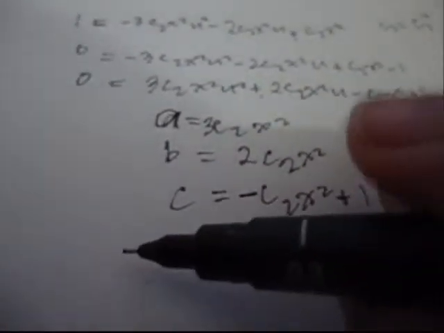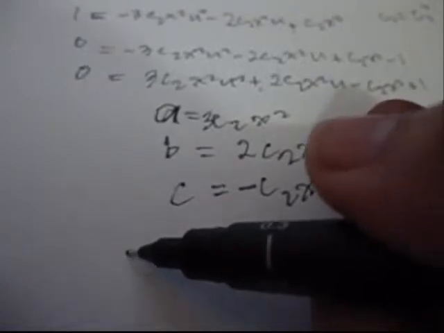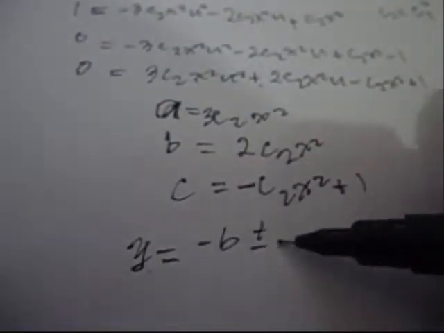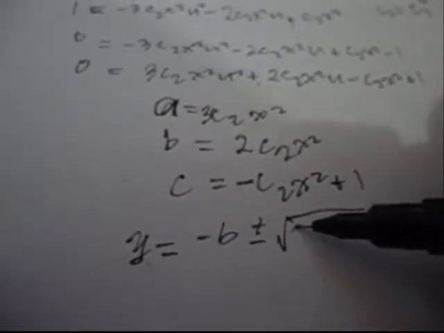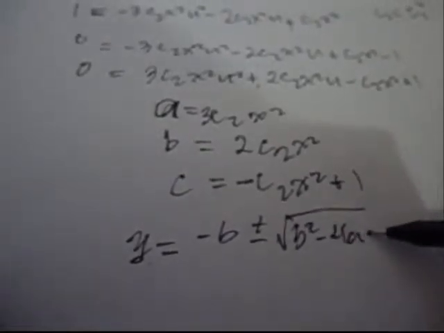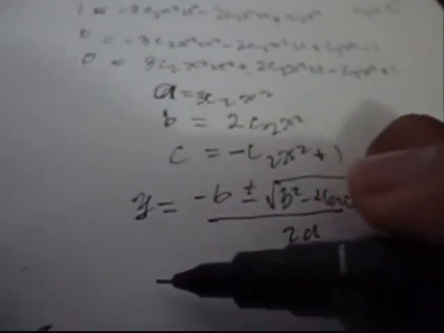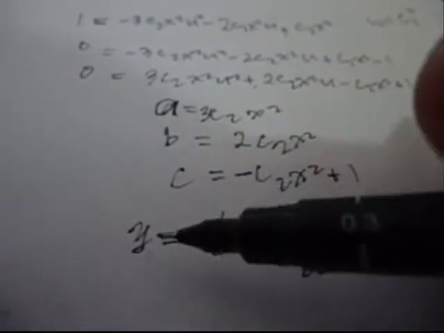As you recall, we have our quadratic formula, which is y equals negative b plus or minus the square root of b squared minus 4ac over 2a. So we just substitute the values, since we are solving for u.